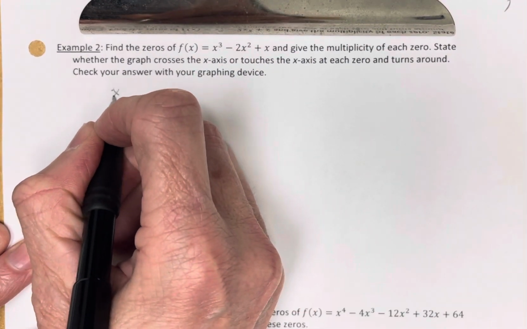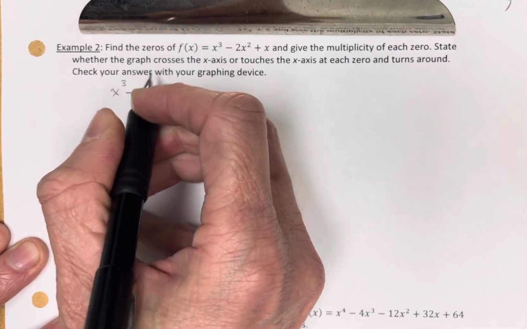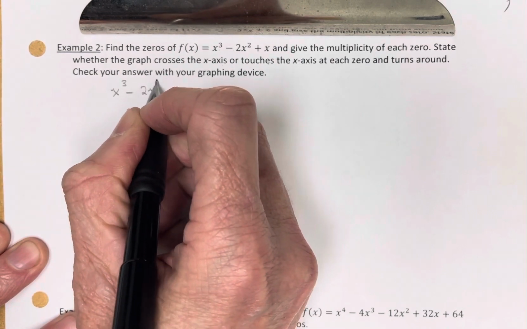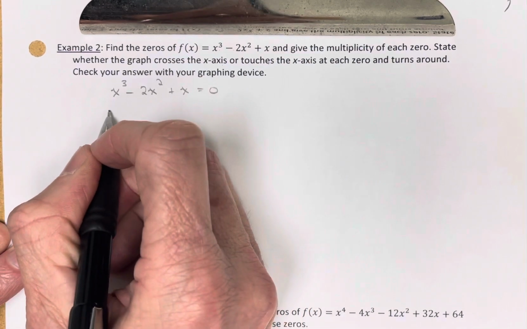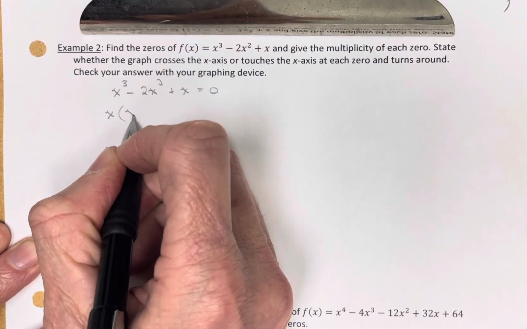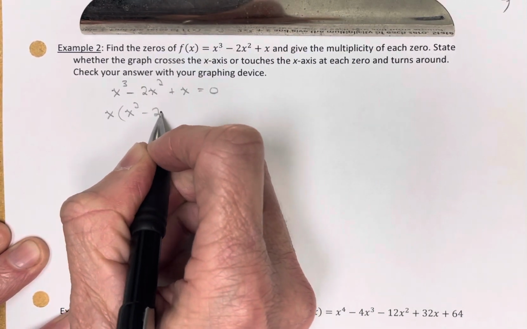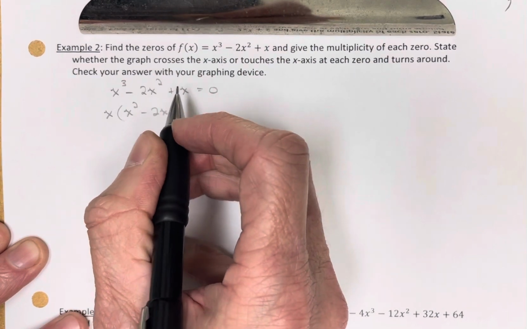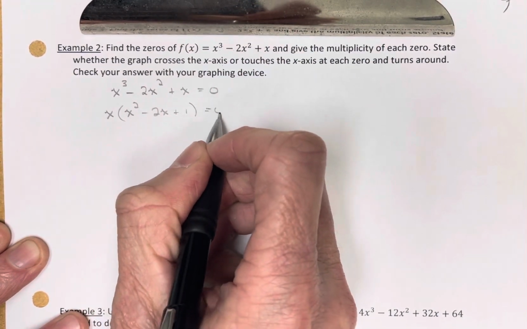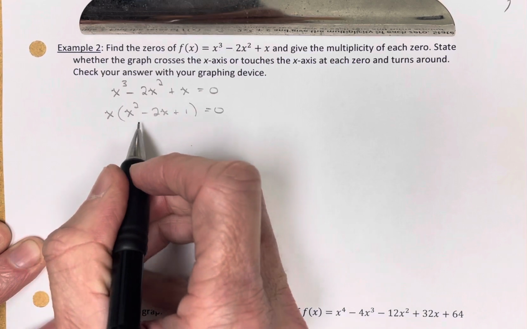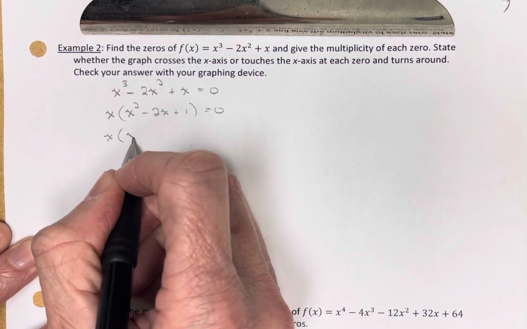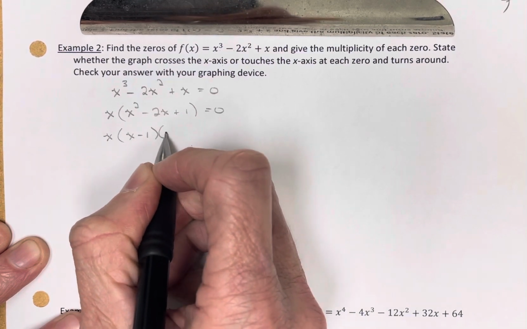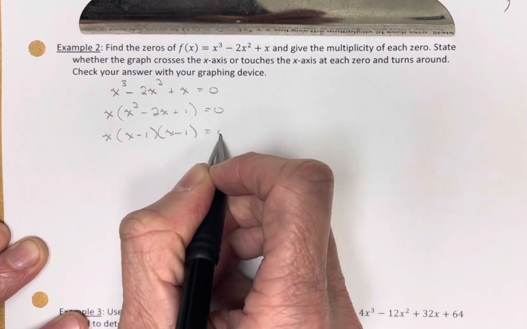So the first thing to do to find zeros is we set that equal to 0. This has a common factor of x, so let's factor that out. We're left with x squared minus 2x plus 1 equals 0. Well, this is a quadratic, and that one factors as x minus 1 times x minus 1 equals 0.